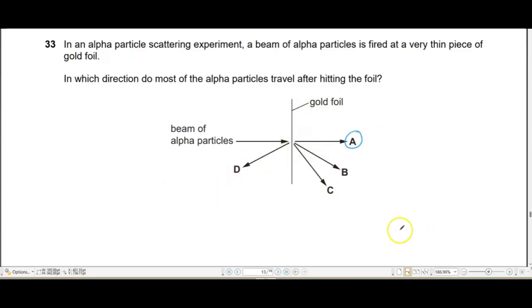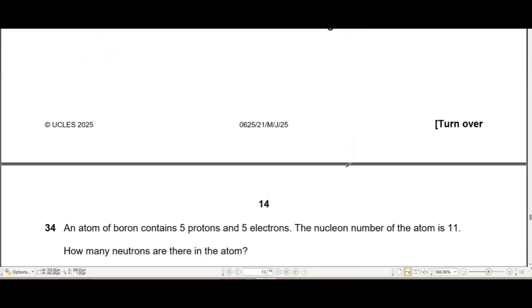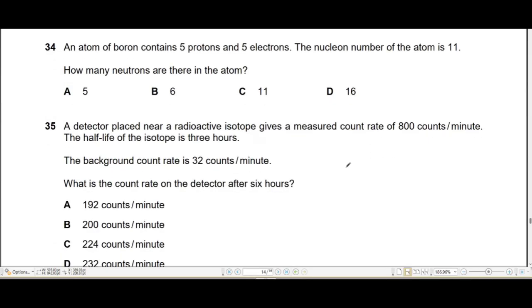Okay, so most pass through clearly, some are deflected backwards. This is due to the fact that the charge is concentrated in the nucleus, and then there are these deflections as well which have a reason, but they've not asked us, so let's move on.